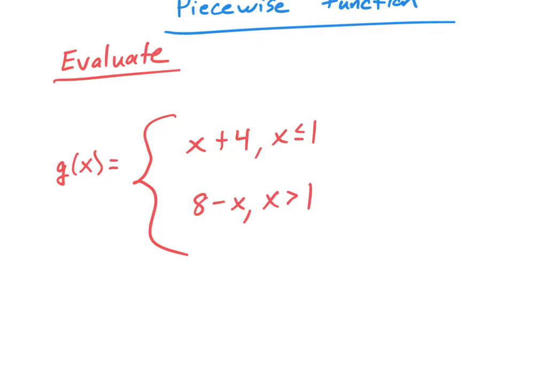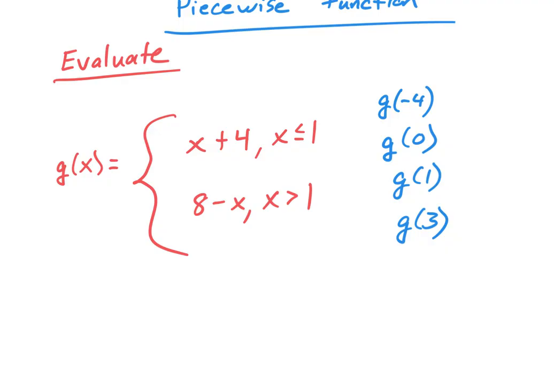We've done evaluation before, where we take a value, plug it in, and see what we get. But it's a little bit different in this case because we have two different pieces. They're going to give us our function notation, and I'm going to ask you to evaluate four different values here.